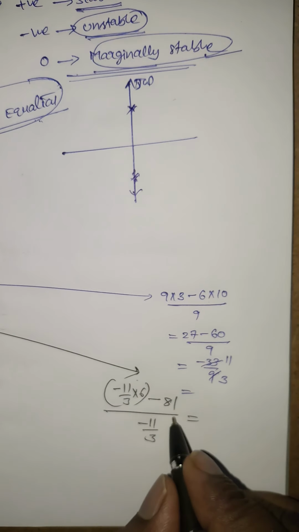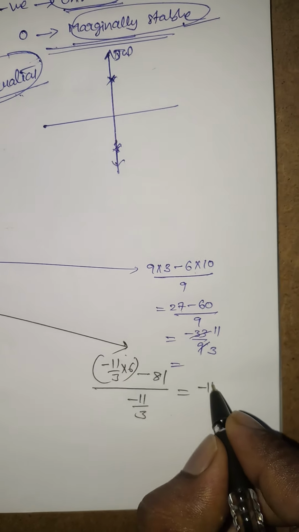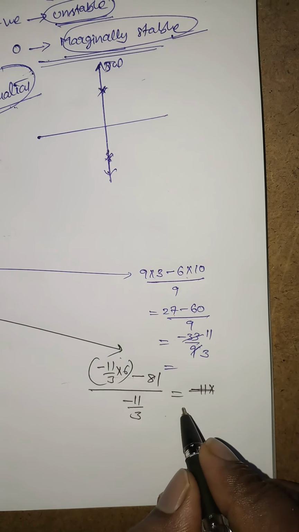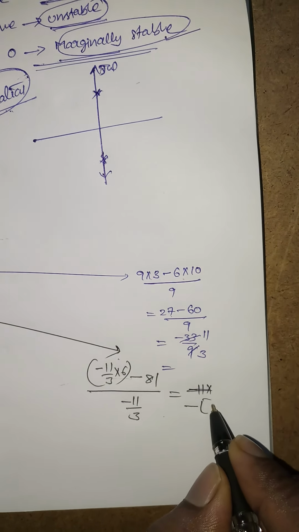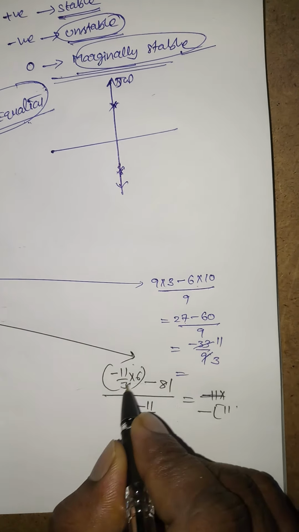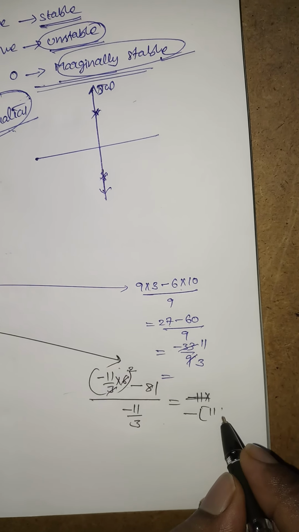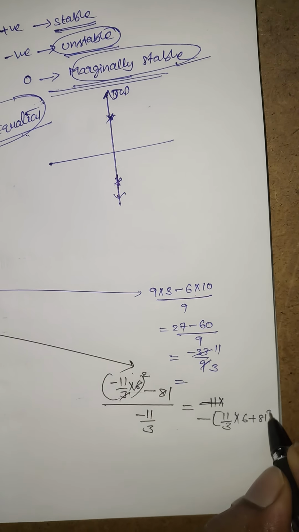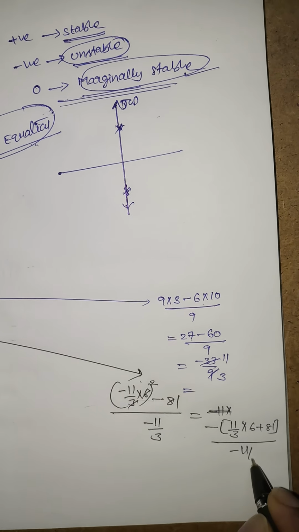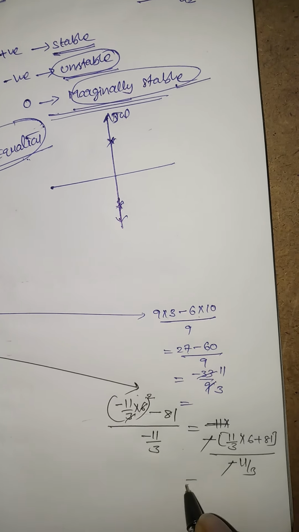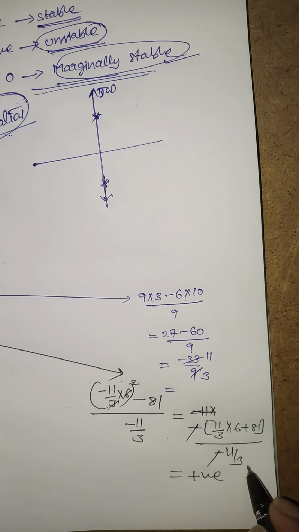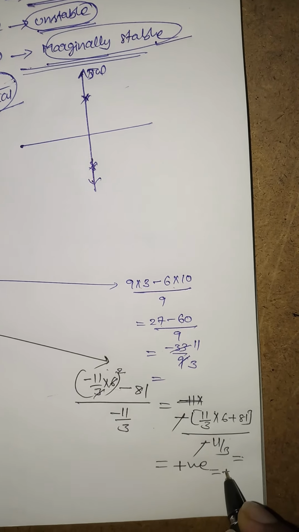If I take a negative sign out, it is 11 by 3 into 6 plus 81 divided by minus 11 by 3. This negative and this negative sign will cancel here, so this is a positive value. Suppose we take this as plus k.